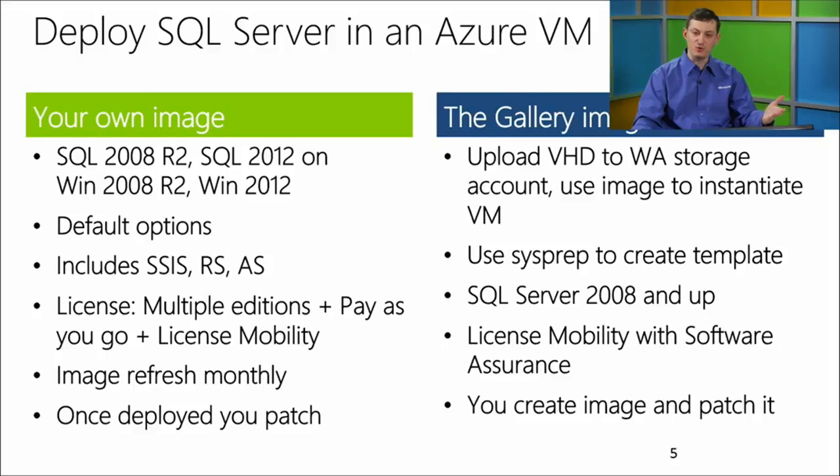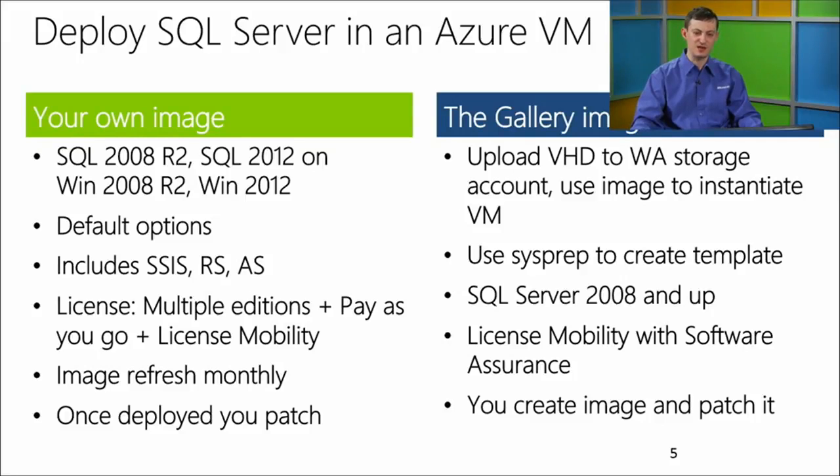But once you deploy the VM, you own that VM, so you are responsible for patching it. That's slightly different when you're using your own image, because then you're responsible for creating the image, patching it when needed, and patching the VM when you provision it.